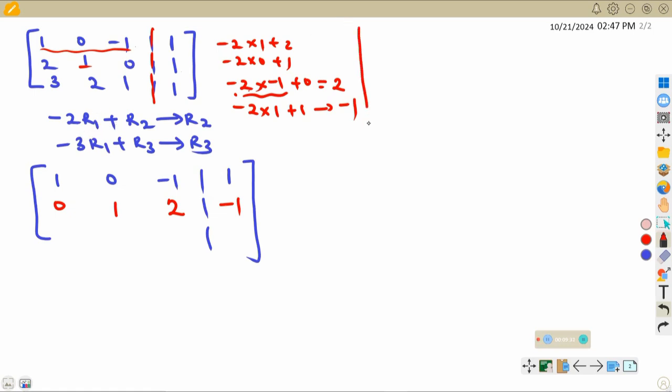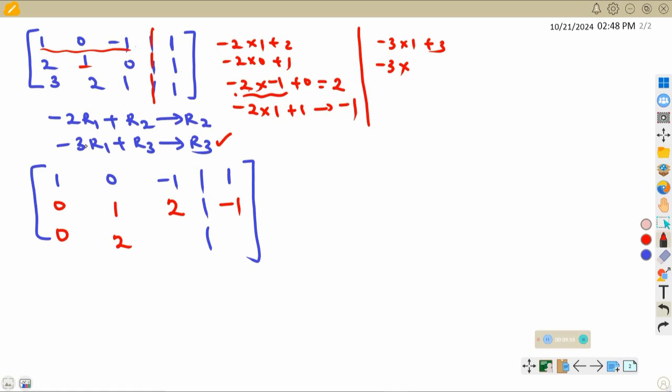Similarly, we shall have negative 3 times 1 plus 3. We are on this row. Negative 3 times 1 plus 3 will give us 0. Negative 3 times 0 plus 2 will remain 2.